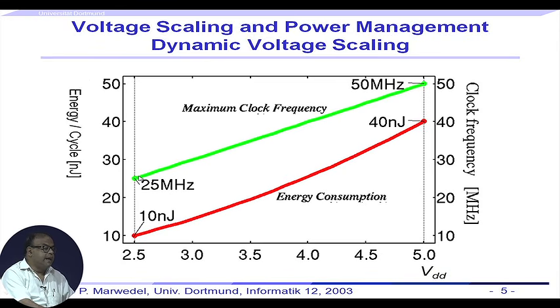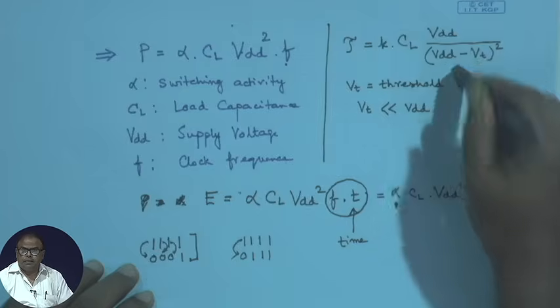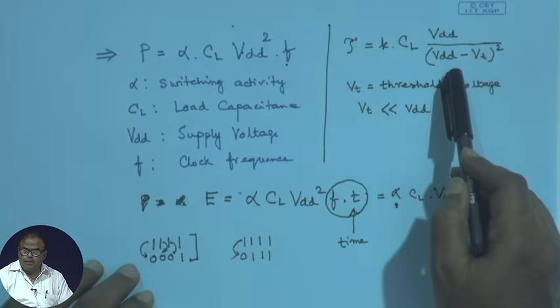Here we can see that as we increase the VDD, I am referring to this equation. It is increasing linearly.